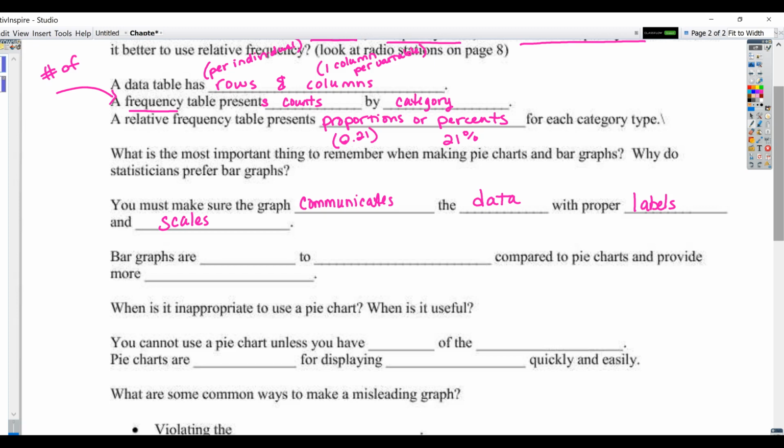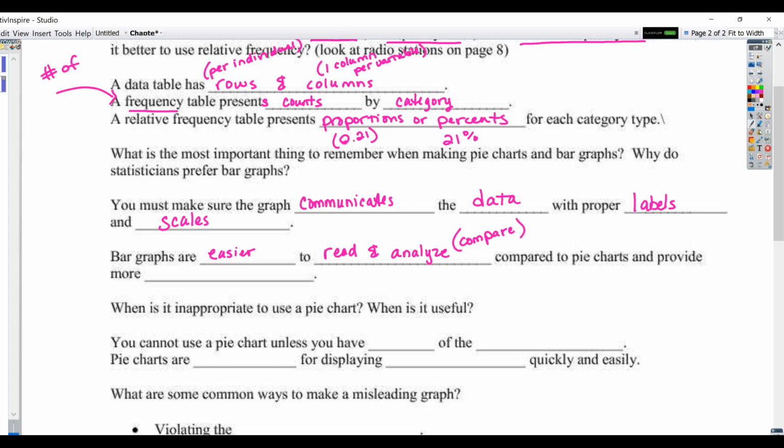That's the whole point of the graph, is to communicate what the data really looks like and what's going on in the data. Bar graphs are easier to read and analyze, because it's easier to compare the different distributions. So that's why statisticians prefer those.